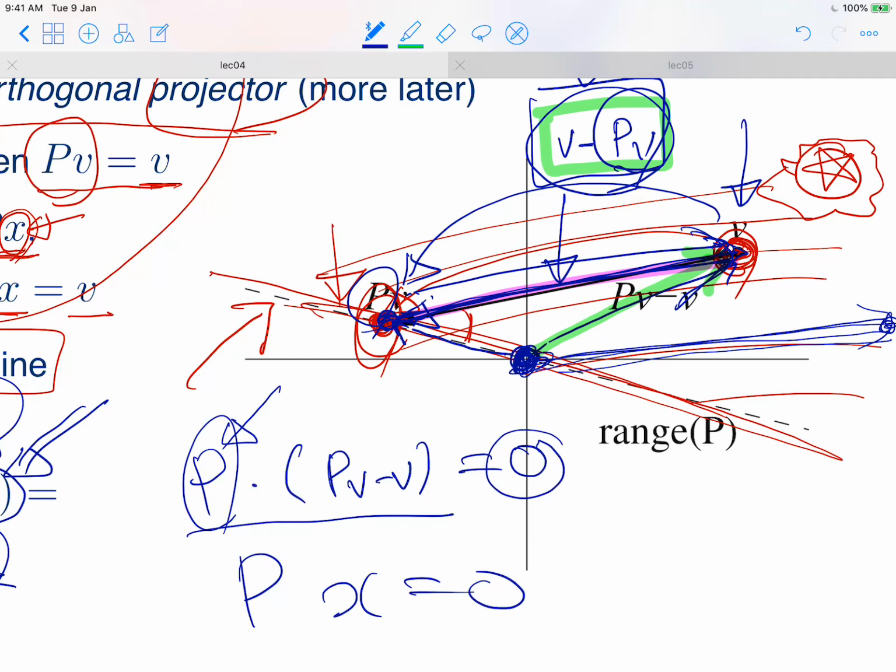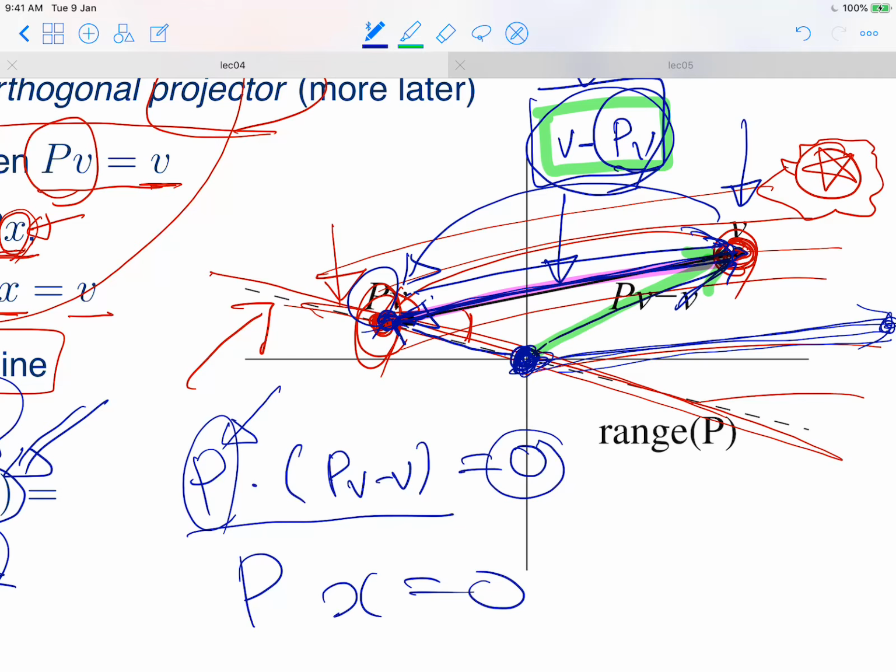Once we project that remaining part using the same matrix P, we will always end up with the zero vector. So this is an intuitive relationship between these two projections.